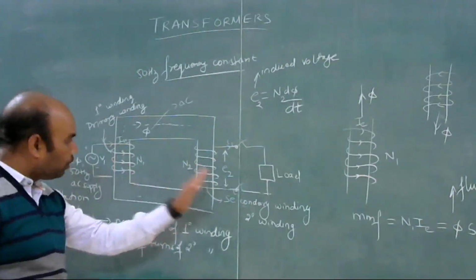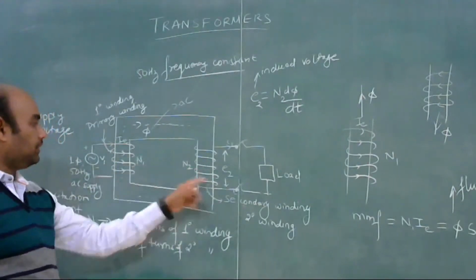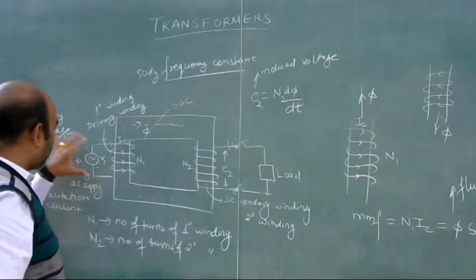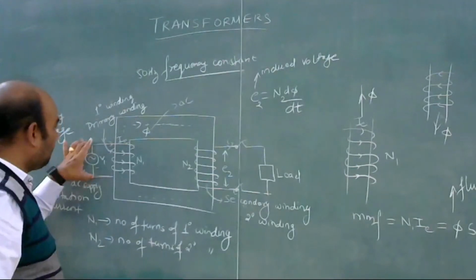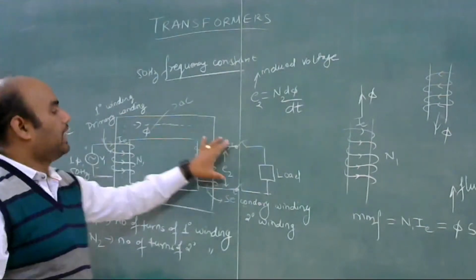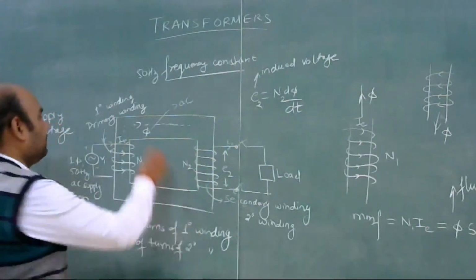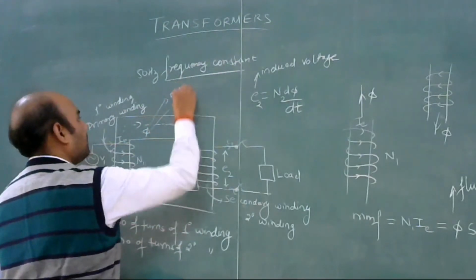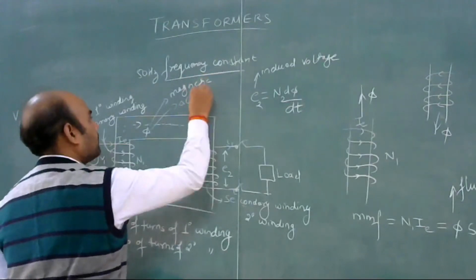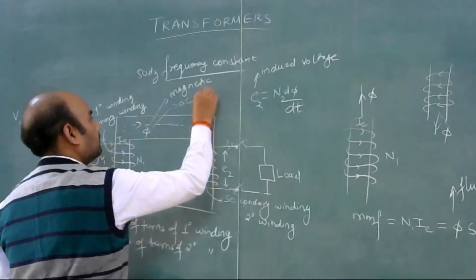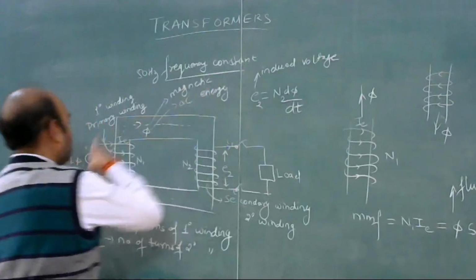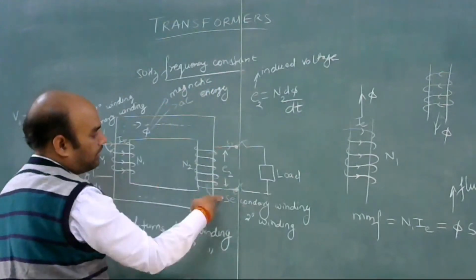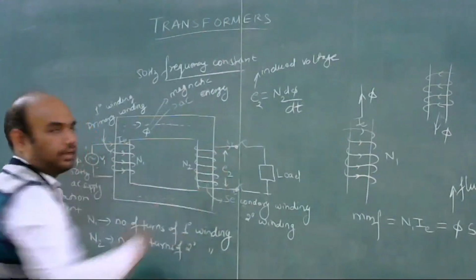There is no connection between them, but still we are able to transfer electrical energy from one circuit to another circuit using this flux. Flux is magnetic energy. So electrical energy is converted to magnetic energy, and this magnetic energy is converted back to electrical energy.